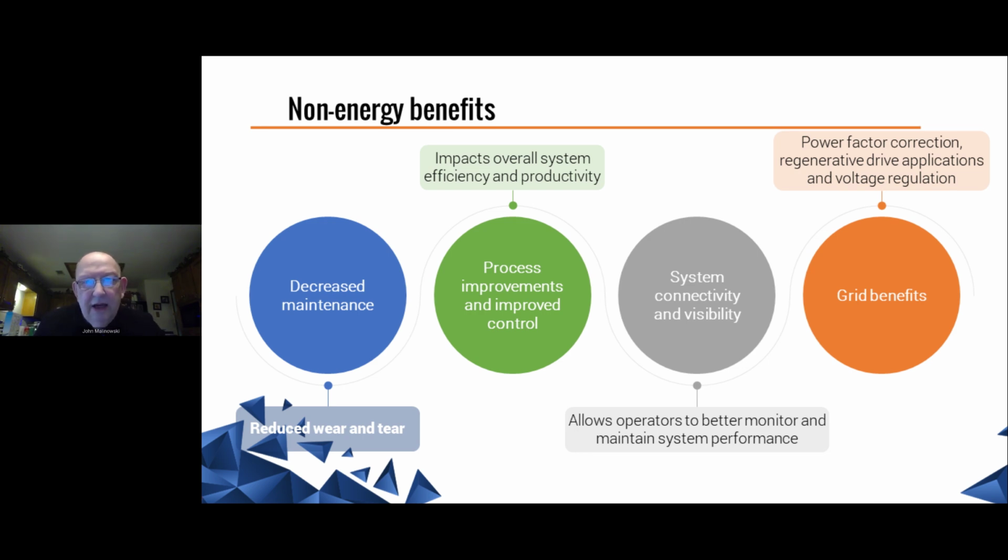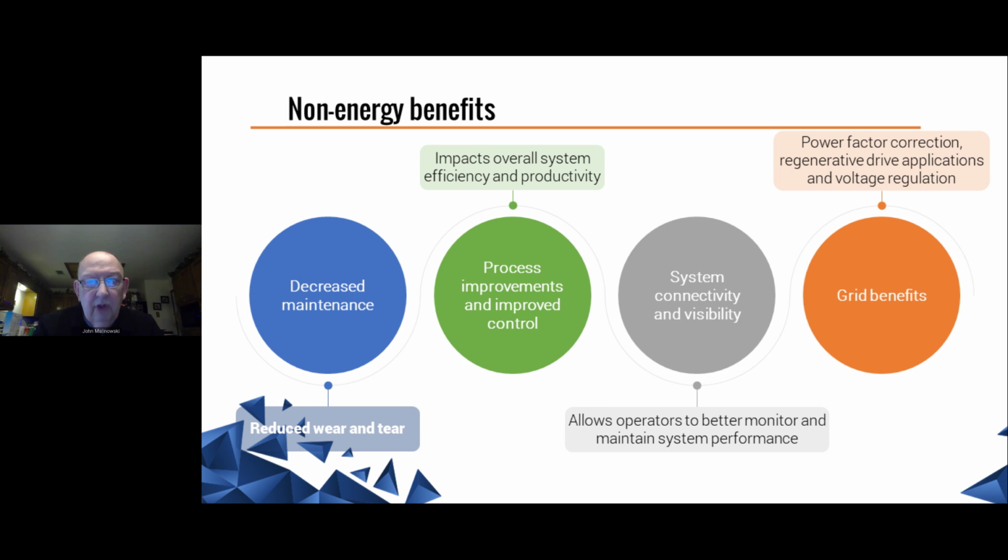Okay, there's some non-energy benefits. Like we said, decreased maintenance. The motor you can set it up to soft start. It gives reduced wear and tear on all the mechanical things. If you've got a lot of things on your conveyor, if you're soft starting it doesn't tip over bottles and make things clunk into each other.